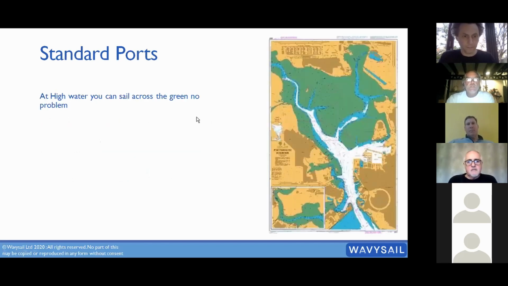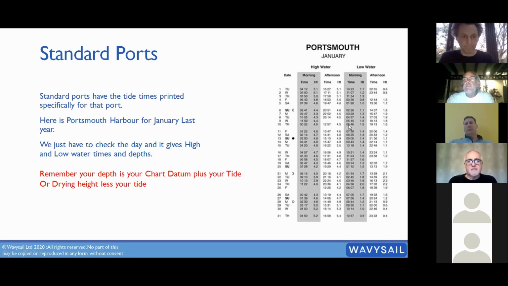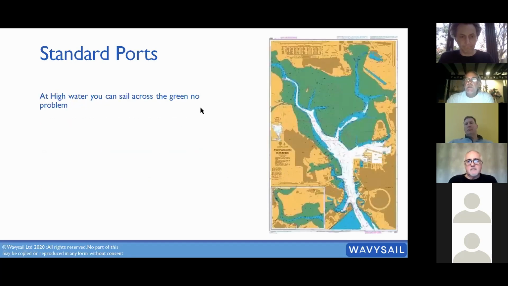So if we look at Portsmouth, that 4.5 meters, this whole green section here, it's very flat muds. With 4.5 meters of water on it, you can comfortably sail over that, even on the clipper boats. Okay. Yet, if we go back to the next low tide, 1.5 meters, this whole area won't be dry.